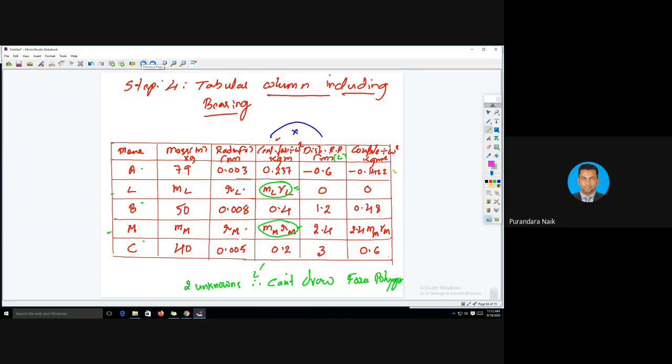Next, the length is 0.1422, because 0.1 kg meter square is equal to 1 centimeter. So 1 by 0.1 into 0.1422, what is the answer that we need to find out?